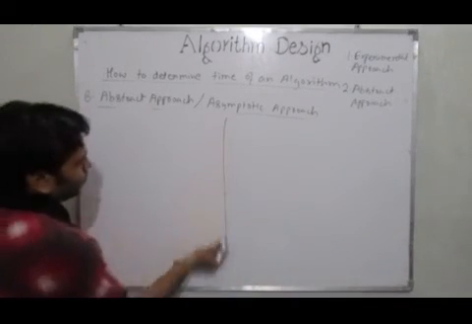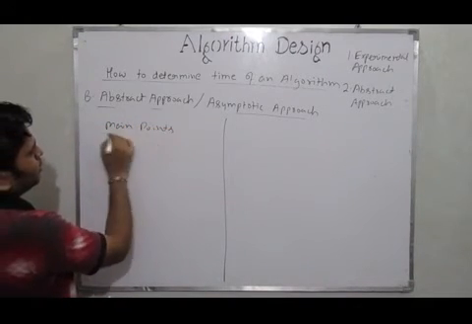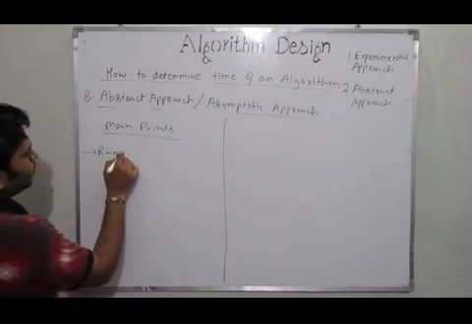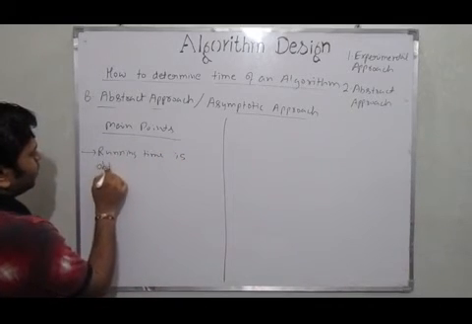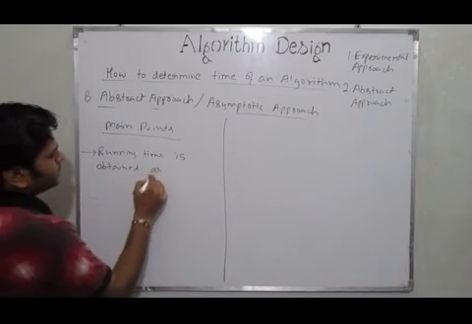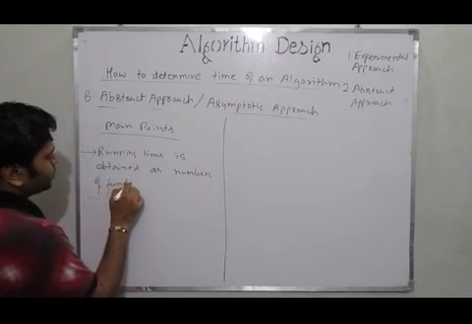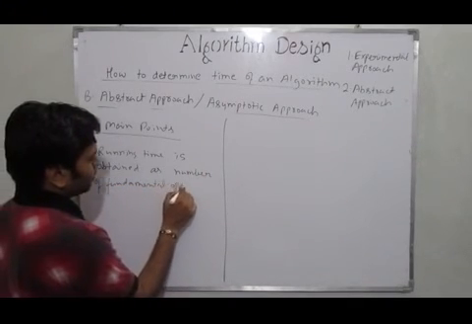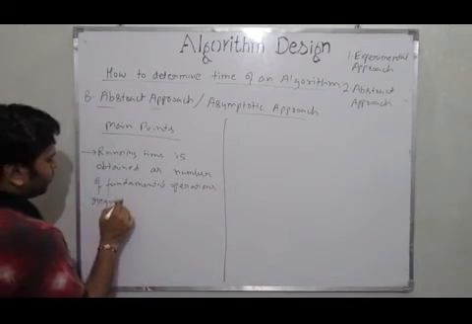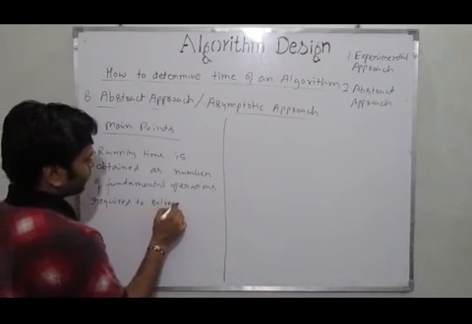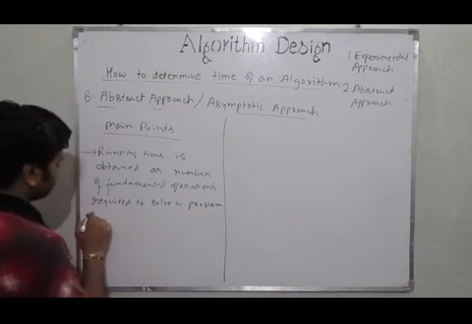So what we have understood here, the main points, is that running time is obtained as the number of fundamental operations required to solve a problem in a given algorithm.